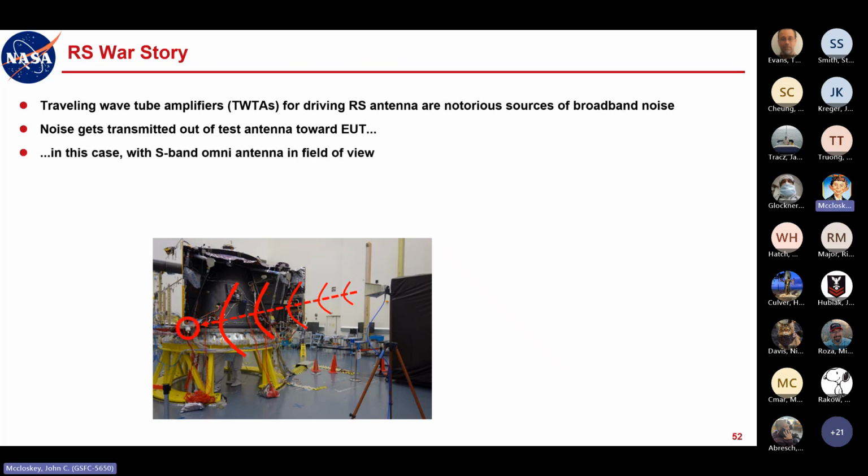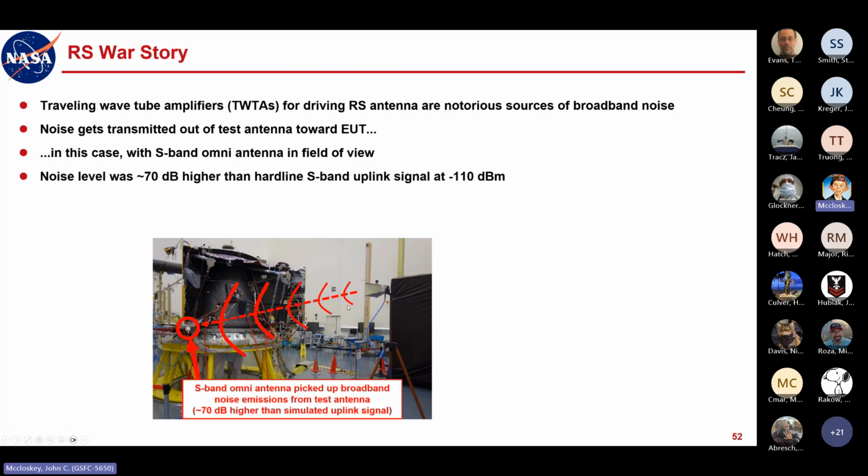But in this case, we had the S-band Omni antenna right in the field of view of our test antenna, and the noise level that was applied to the receiver, that the Omni received and then carried to the receiver input, was about 70 dB higher than the hardline S-band uplink signal, the test uplink signal we were applying from the RF test set, which was at about minus 110 dBm. So we lost lock on the uplink as soon as the TWTA was powered on, before we even applied a test signal, and that halted the test.